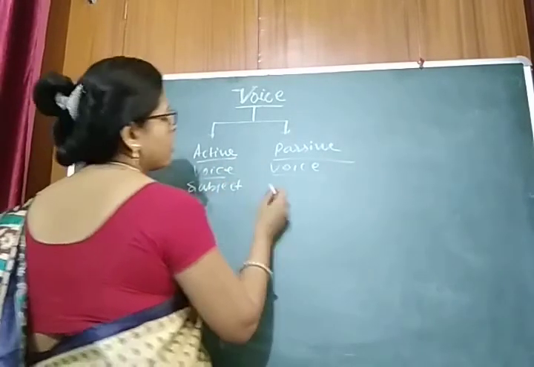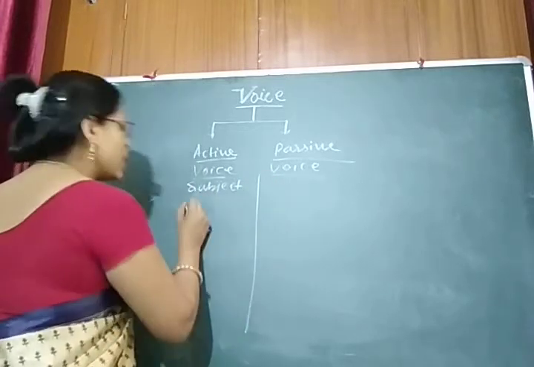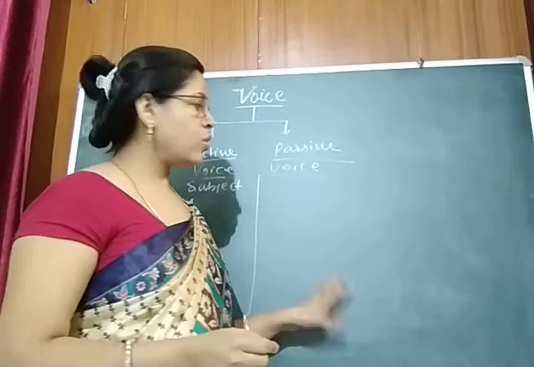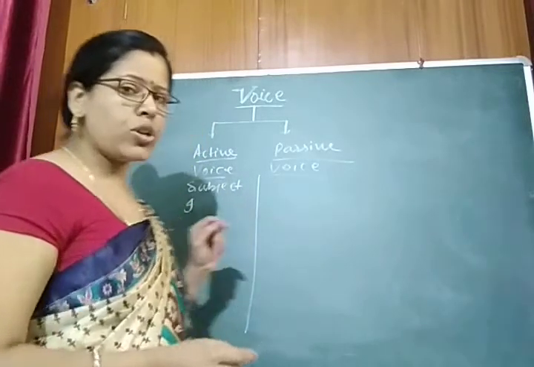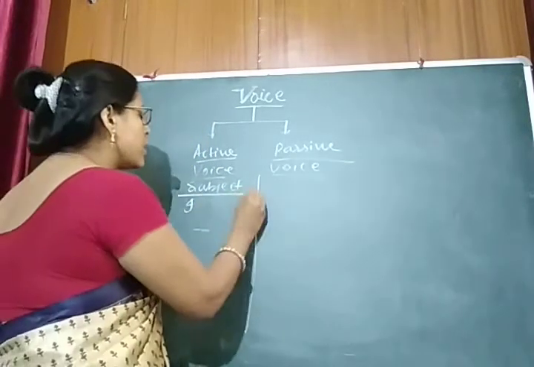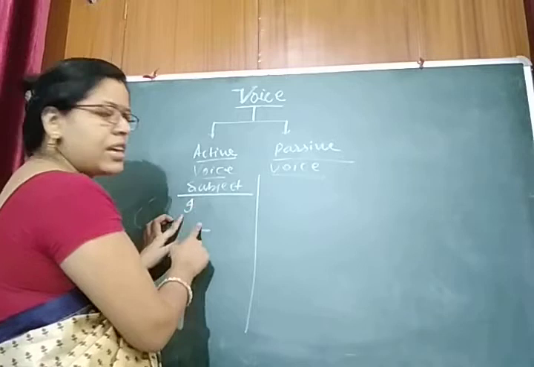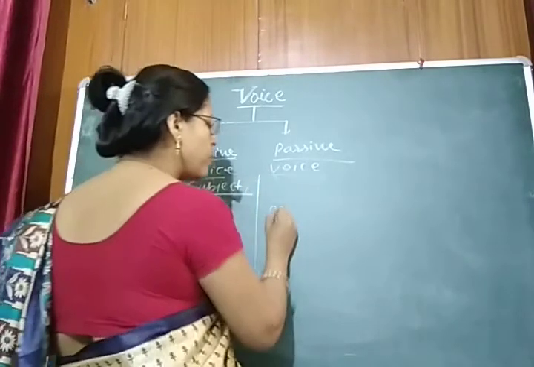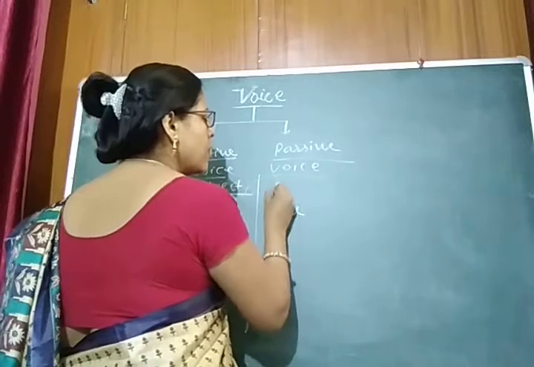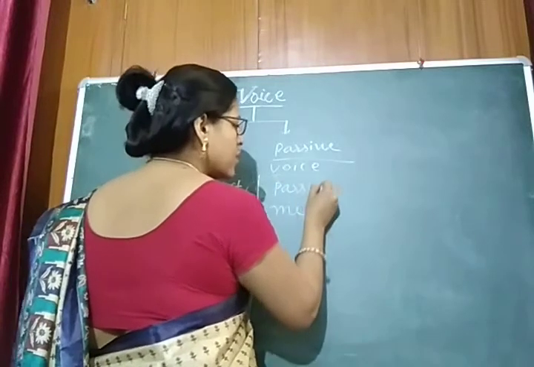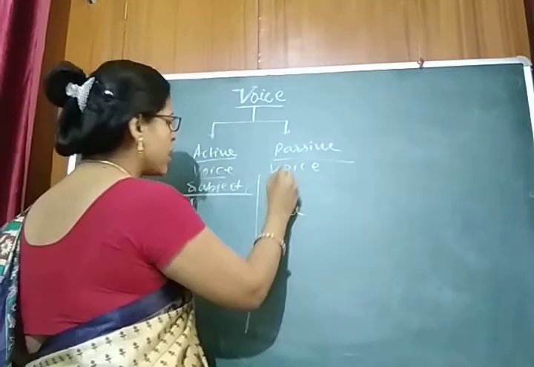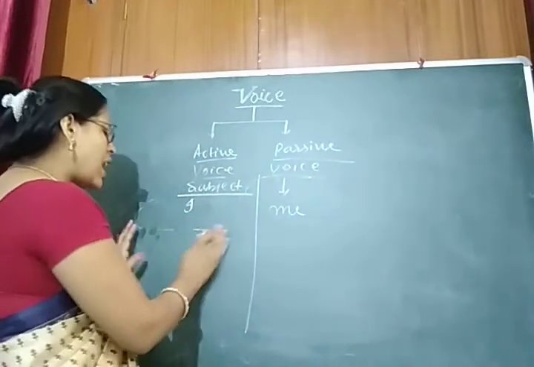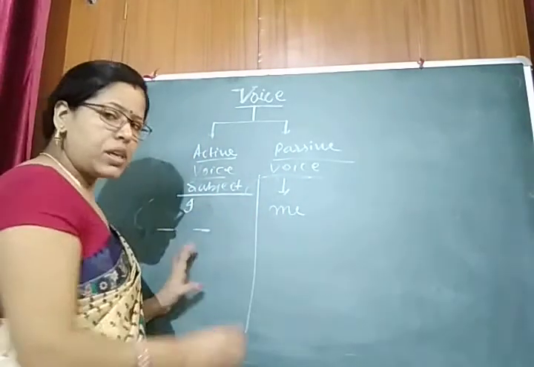All right. So here you have to make three different tables. The first table I am going to draw over here. So here the subject is I in active voice. This will change into me in passive voice. All right, so passive is already written over here, so I will not write it a second time. So I becomes what? Me.